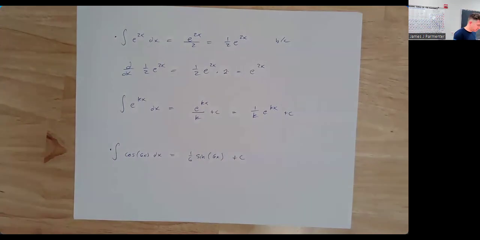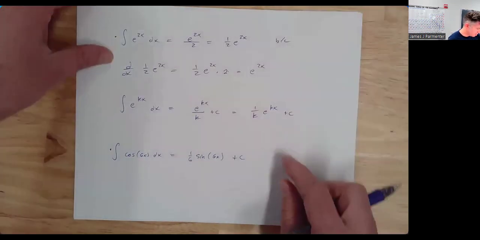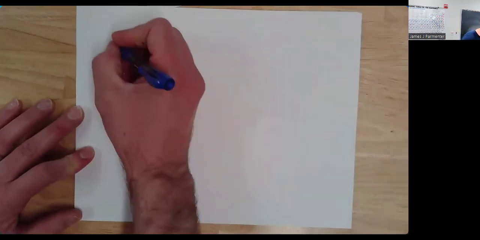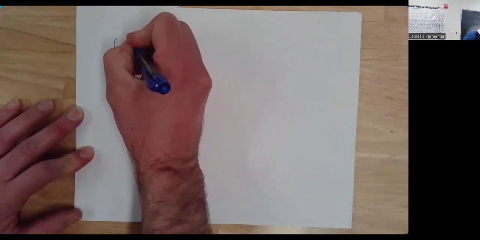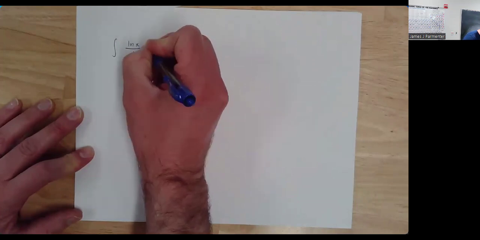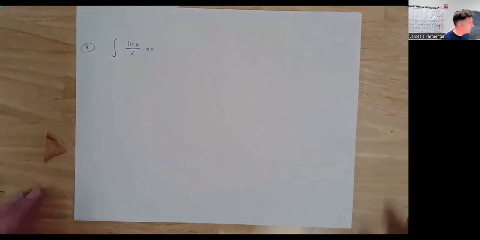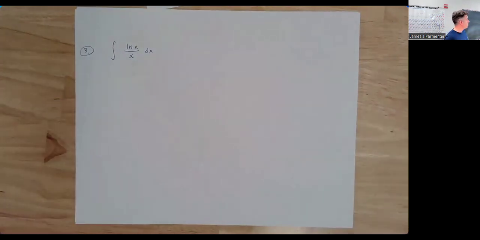All right, let's look at some more examples. Let's say we have the integral of the natural log of x divided by x. Again, I'll point out we have a mixture: a logarithm and x to a power.